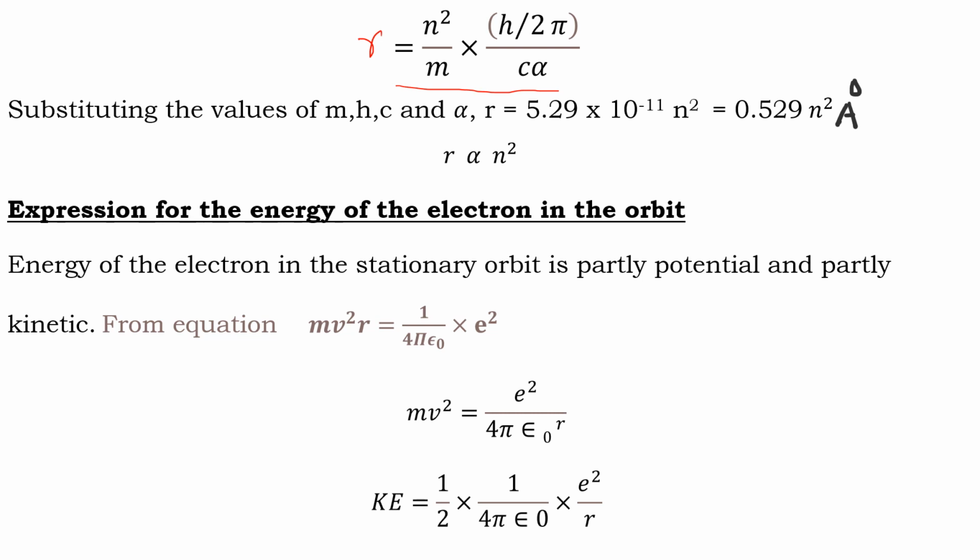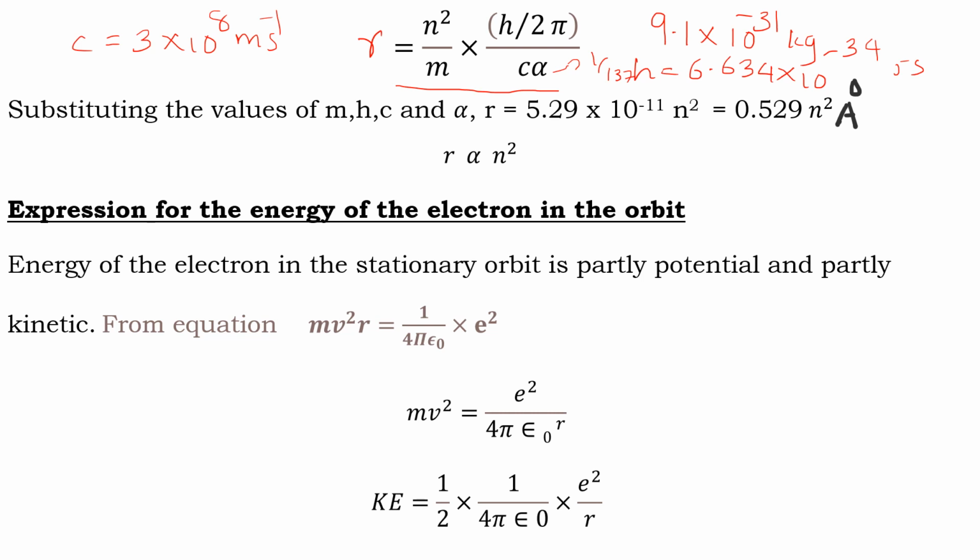Substituting the value of m, the mass, as 9.1 into 10⁻³¹ kilogram, h Planck's constant as 6.634 into 10⁻³⁴ joule second, alpha as 1/137, and the velocity of light c as 3 into 10⁸ meter per second, we finally get r is equal to 5.29 into 10⁻¹¹ n square, or it can be written as 0.529 Angstrom into n square.